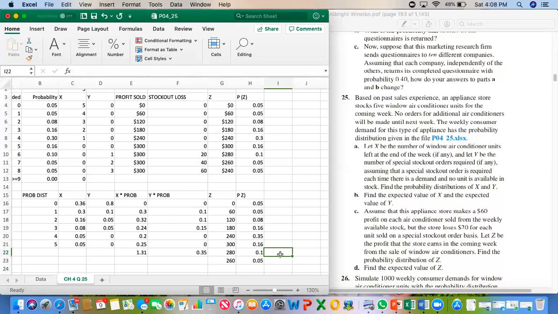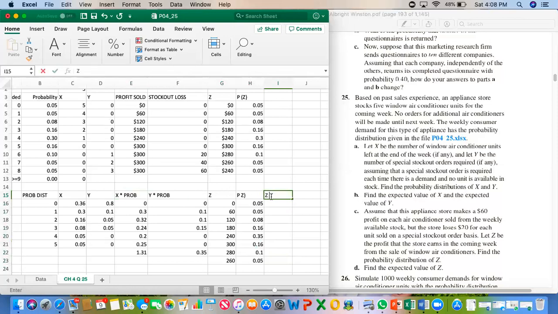Now, how do I find the expected value? What would you do? Add? Don't forget, we have to multiply by the probability first, right? Okay, so you're going to do Z times prob. Okay, like we did here. Exactly.